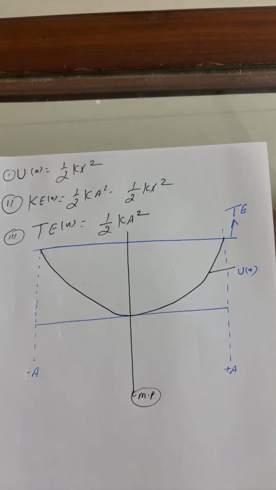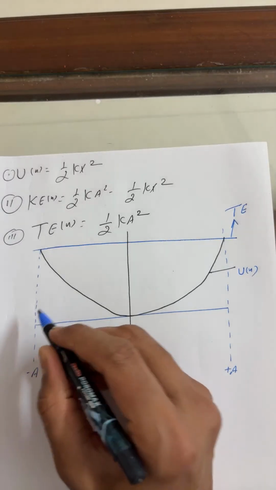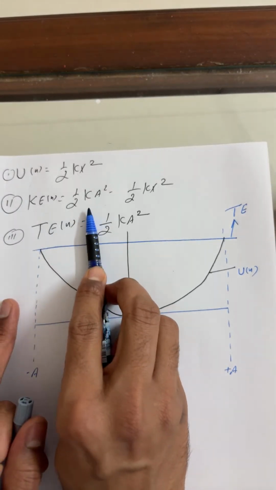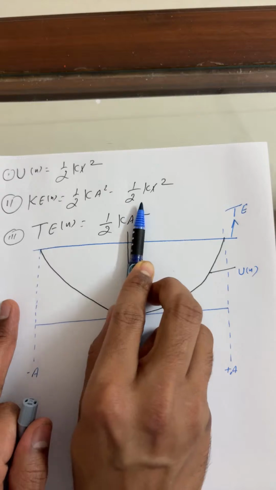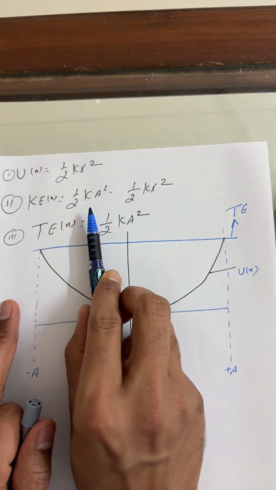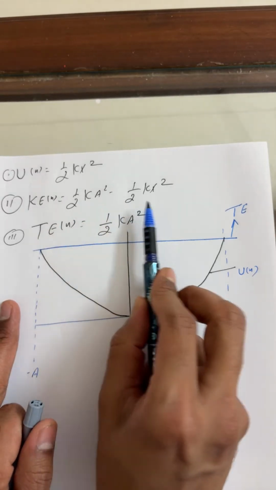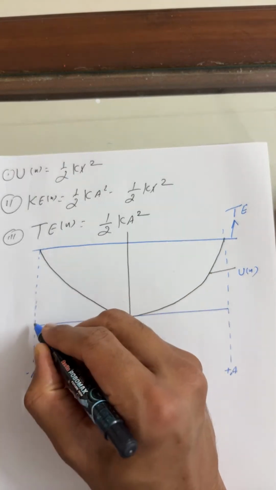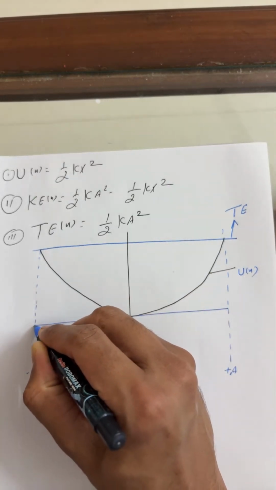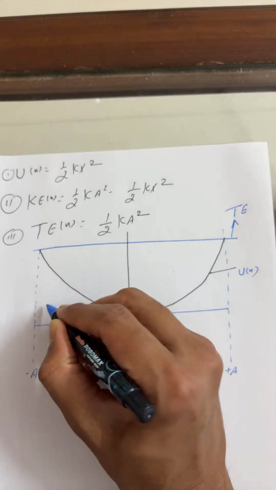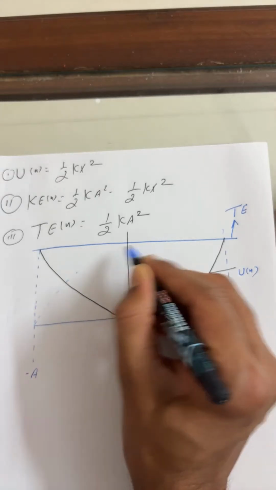So we have the last one here. This is half kA square minus half kx square. So just make the graph positive. Yes, you can make the graph here.